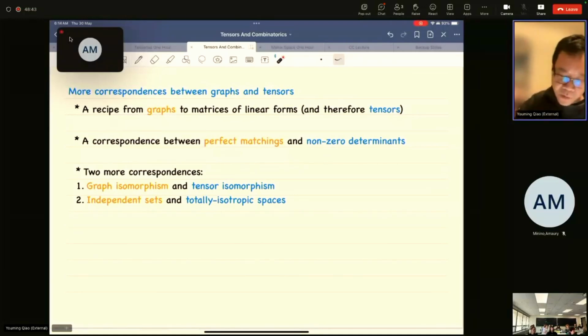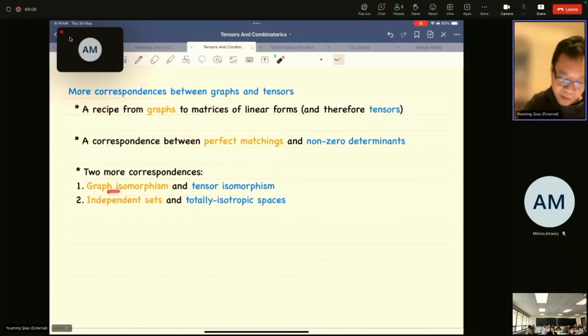So just to summarize a little bit, we have seen a recipe from graphs to matrices of linear forms and three-tensors. We have also seen a correspondence between perfect matchings and non-zero determinants. And in this lecture, we are going to see two more correspondences.